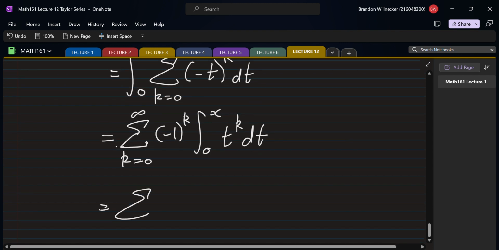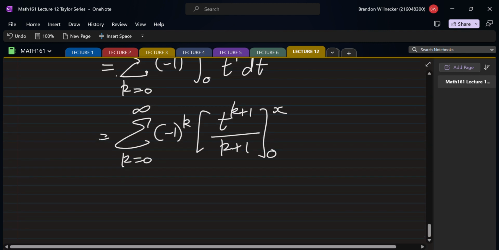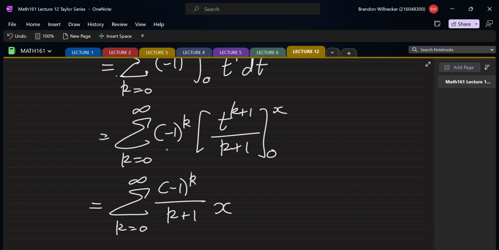This is going to be the sum from k equals 0 to infinity of minus 1 to the k, t to the k plus 1 over k plus 1, from 0 to x. If we substitute 0, we get 0. If we substitute x, we just get x to the k plus 1 over k plus 1. So finally, we can write this as the sum from k equals 0 to infinity of minus 1 to the k over k plus 1, x to the k plus 1.